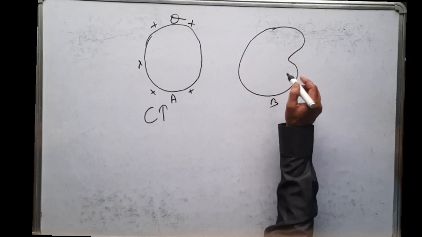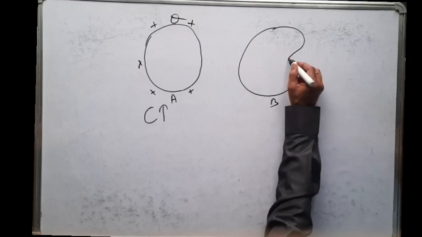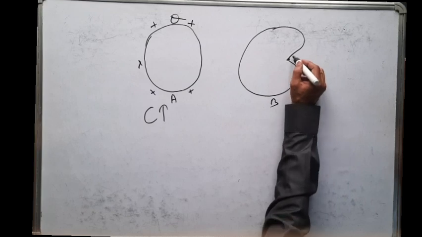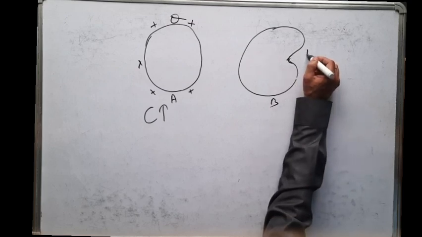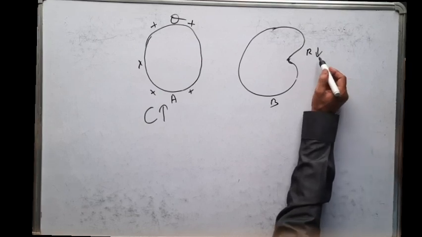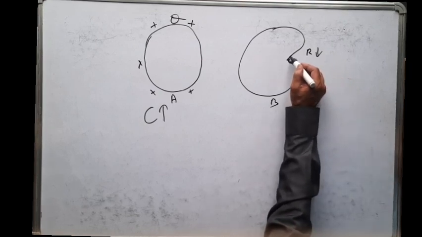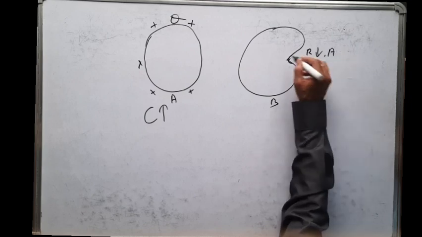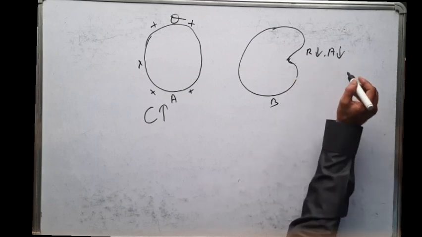But in this case, what happens? At this point there is a sharp shape of the conductor, so the radius of this curved surface is less. If the radius of the curved surface is less, the area of cross section would also be less.